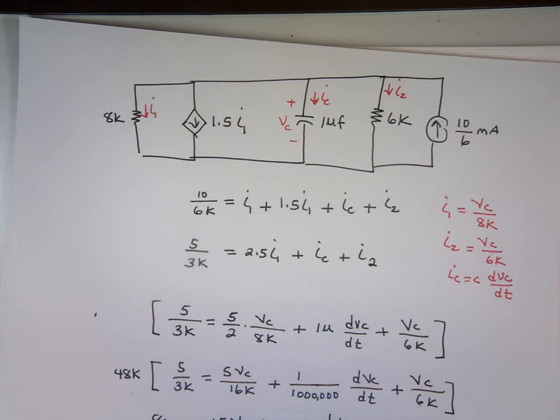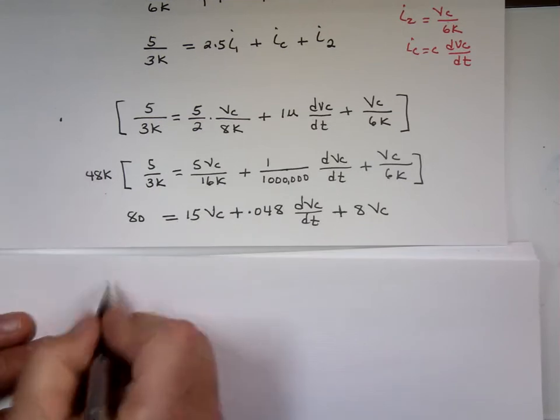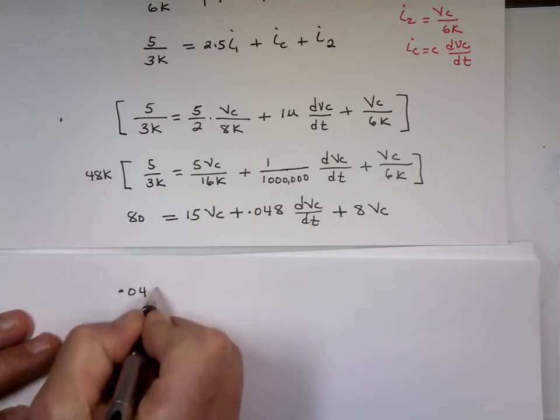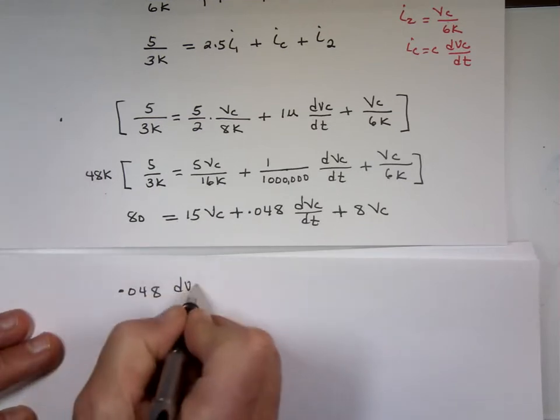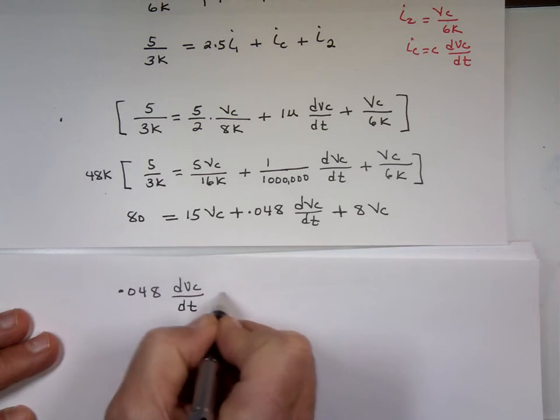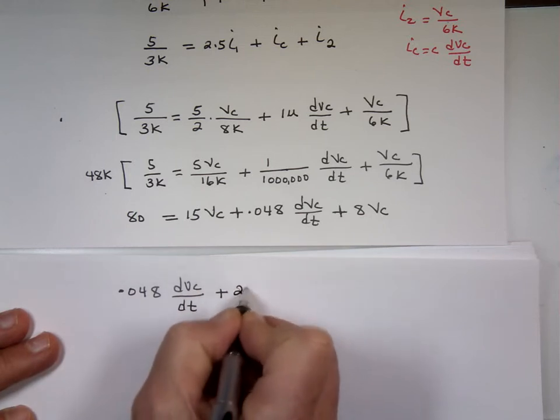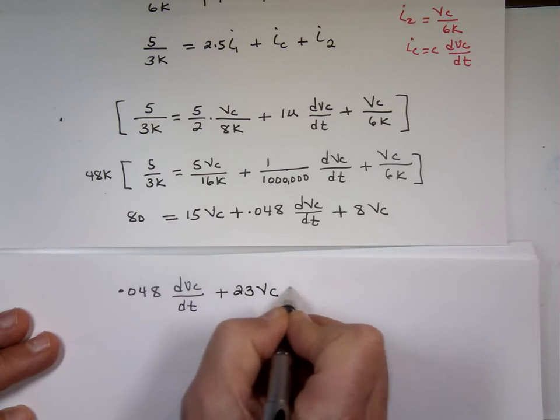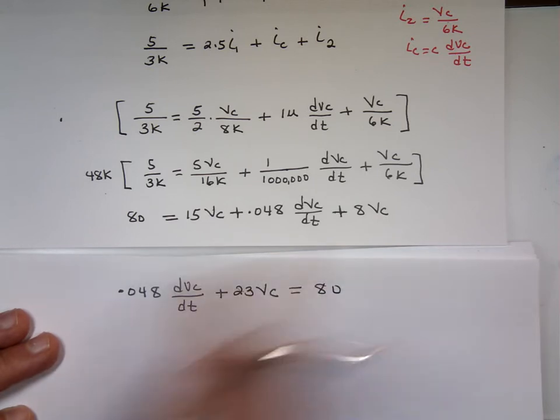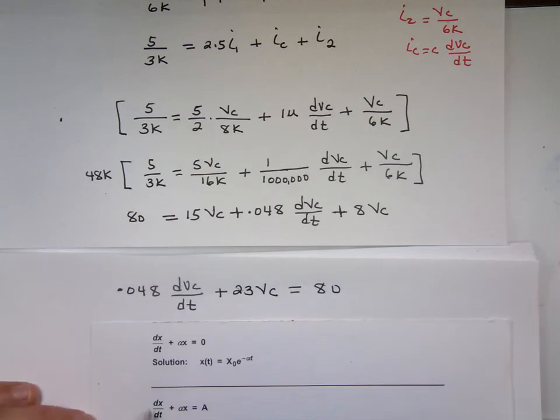And if we collect like terms and clean it one more time, I will have what? 0.048 dVc dt plus 23 Vc equals 80. I want to make that number 1. Why? Because the solution I gave you, what's the coefficient here? 1 for both of them, right?